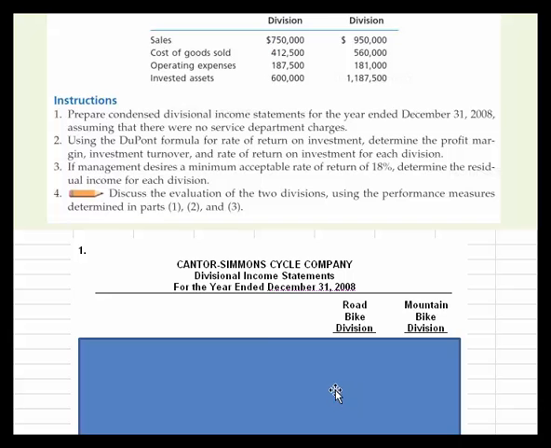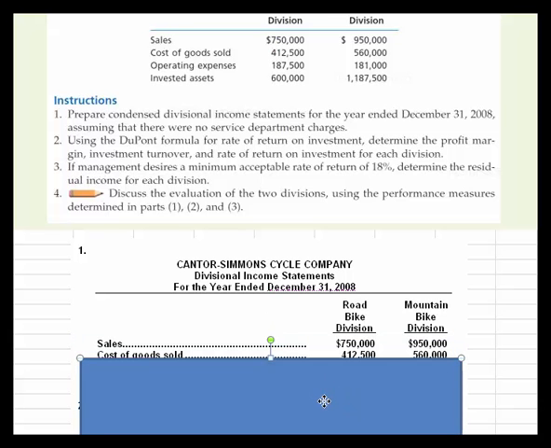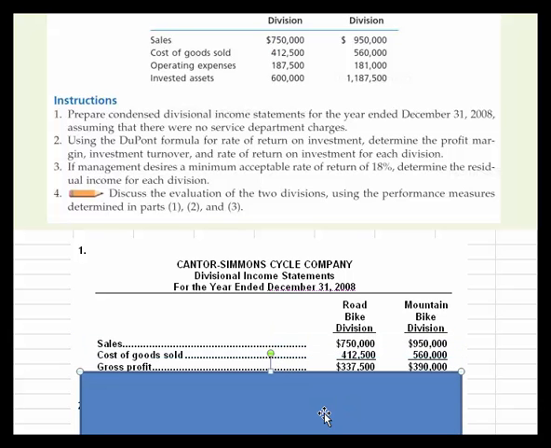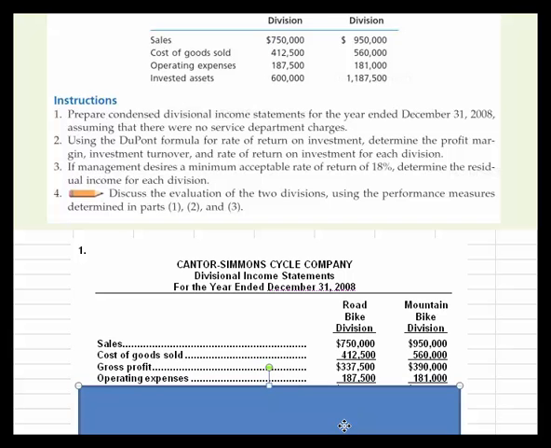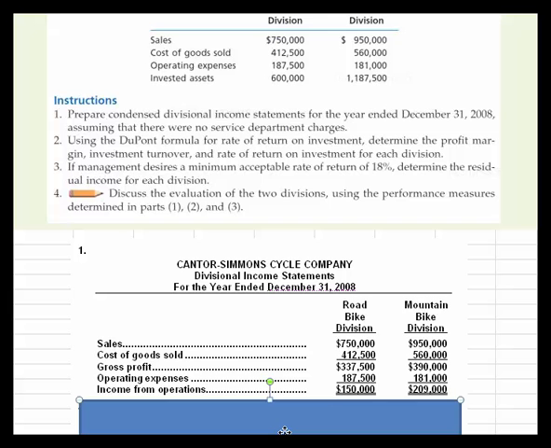We have the road bike and the mountain bike, and then I'll reveal the answers here, and we would list sales less cost of goods sold, then we'd compute gross profit, then we'd back off the operating expenses. So all we're doing is taking the information from above, computing gross profit, then coming up with operating expenses, and eventually we come up with income from operations. And that's all there really is to part 1, since there's no service department charges.